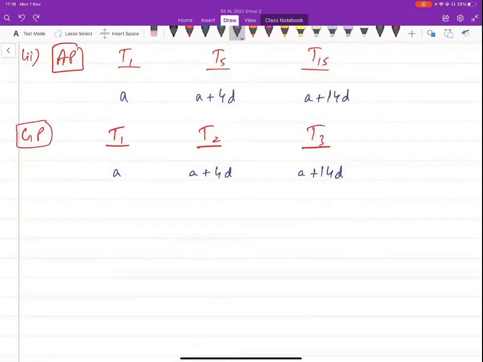What can we do? First three terms of the GP are given. We can find expressions for the first terms of the GP. How will we do that?